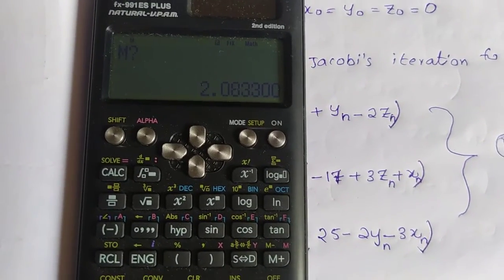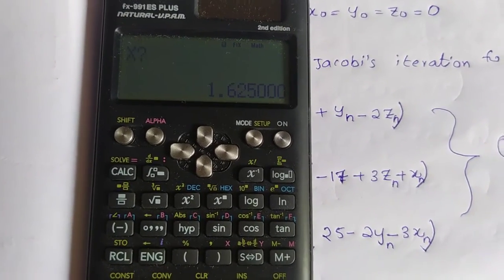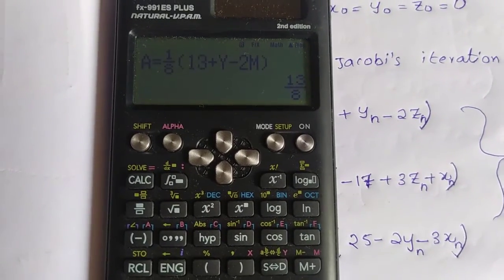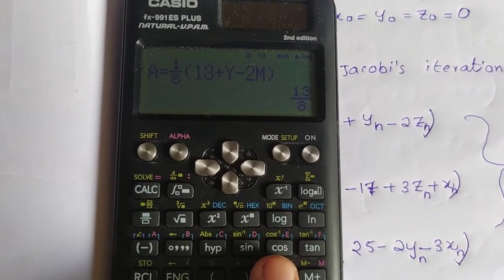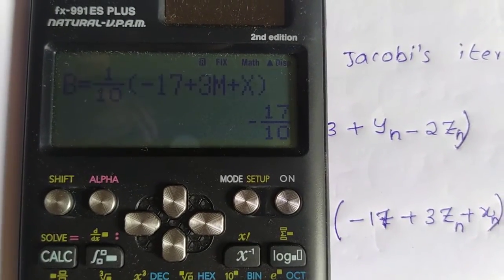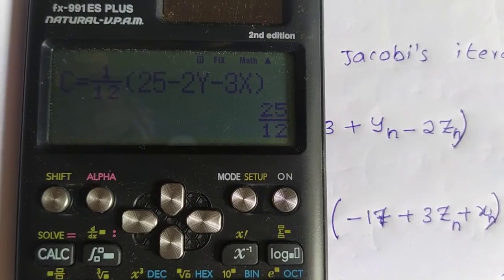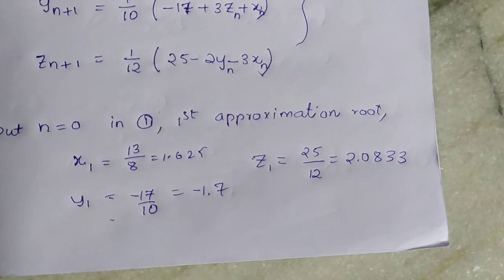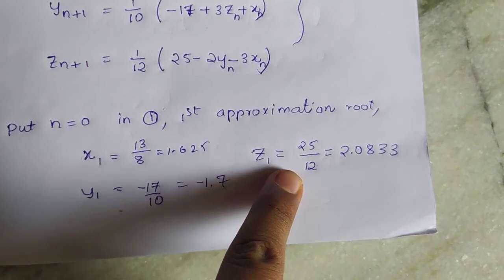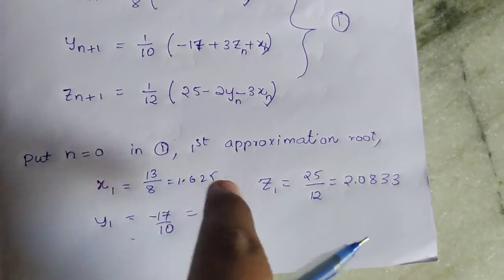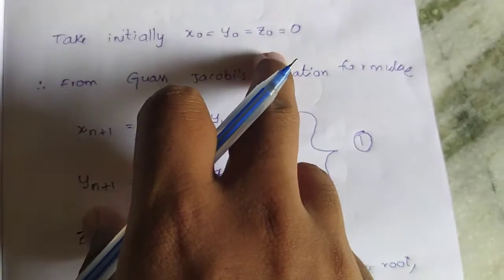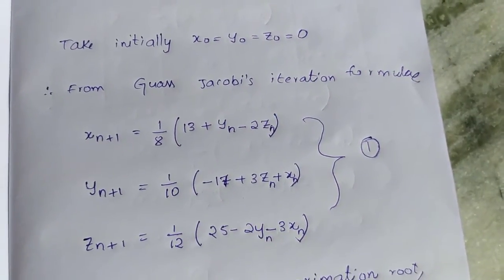Next, the value of z0 is 0. And similarly, the value of x0 is 0. Now we have obtained the values of x1, y1 and z1, by substituting the values of x0, y0 and z0 in the calculator.